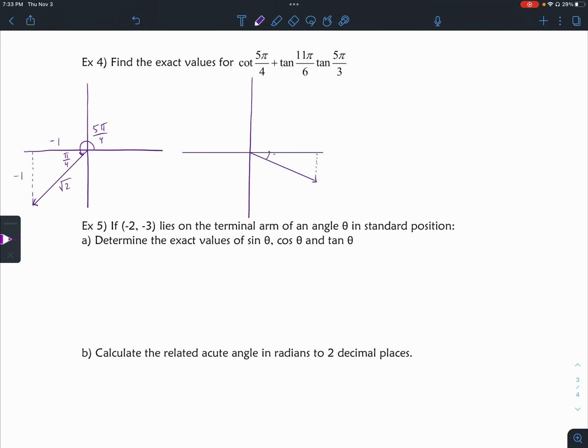Okay, that's 11 pi over 6. And so we label this root 3, negative 1, and 2. Okay, now one more. So 5 pi over 3.